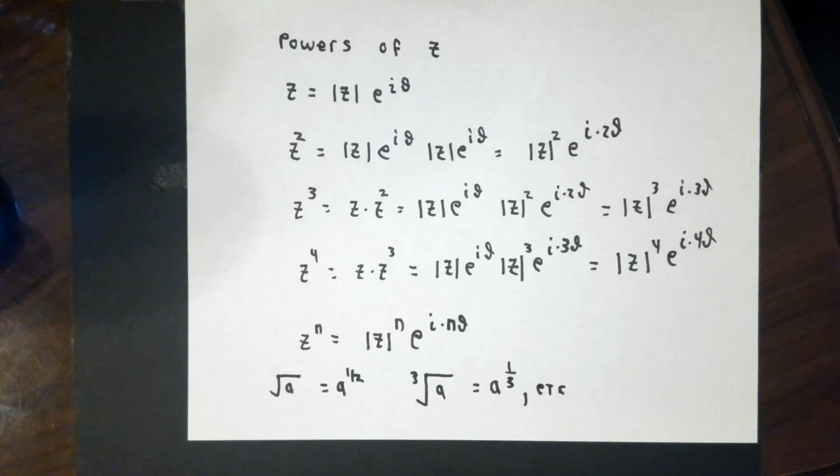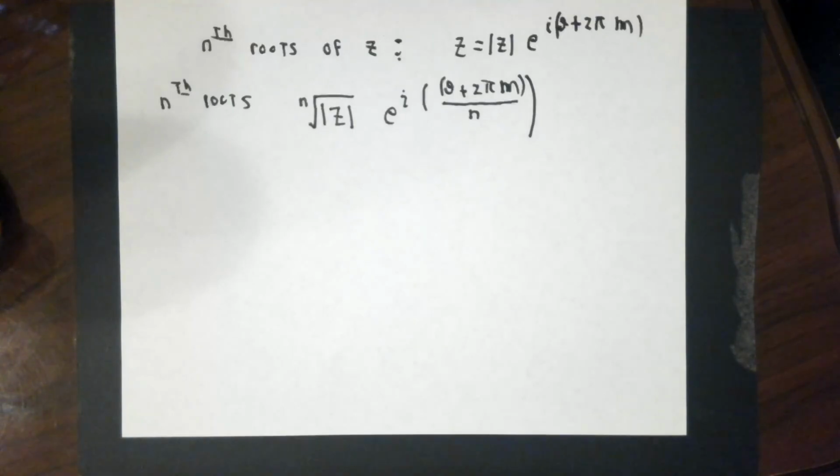I'm going to make an analogy between this and these positive whole number powers that we have here, with the understanding that I can alter theta by adding a multiple of a full circle to it. So instead of raising things to the n power, I'm going to raise them to the 1 over n power.